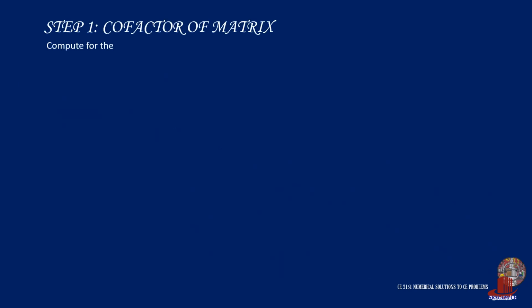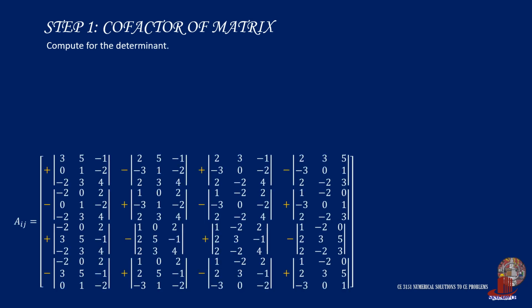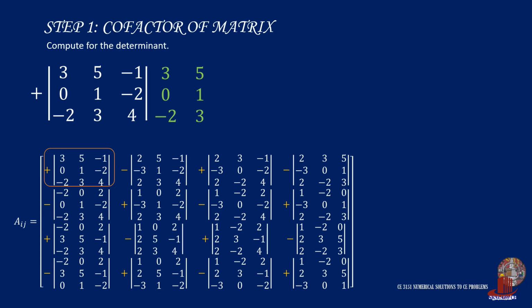After identifying the minors of each element, we solve for the determinant. Let's have some sample computations for this step. Say we take the determinant of element 1, 1, and that is done using Sarrus' rule. Sarrus' rule requires the two first columns mirrored to the end, then we compute for the positives, starting with the first with 3 times 1 times 4, which is 12.